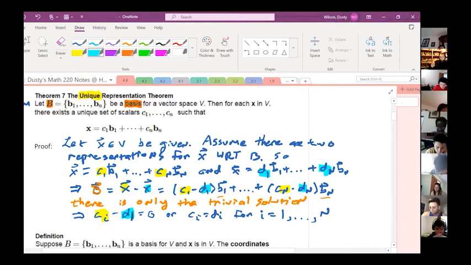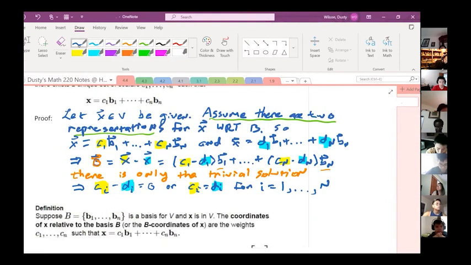So what did we just do? We assumed that there were two representations, the yellow one and the blue one, but we just showed that the yellow one was equal to the blue one, which lets us conclude that the representation is unique.